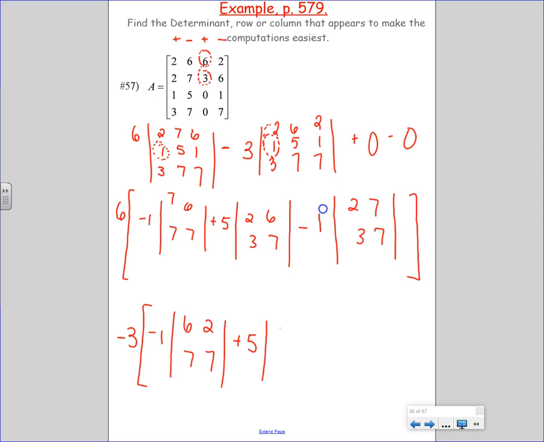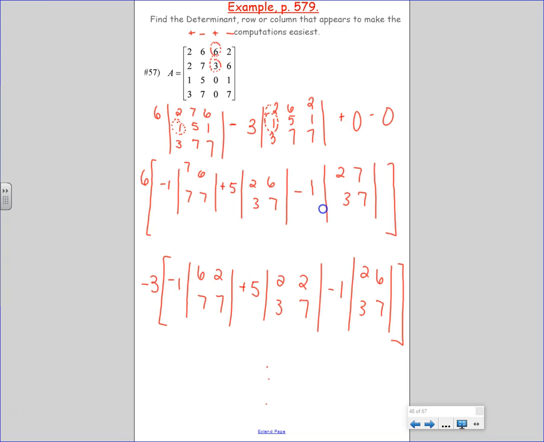I'm going to finish this off and writing it. Cross, 2, 2, 3, 7. And I'm back at the 1, and the 1's going to be a negative 2, 6, 3, 7. It would take a little bit of time, but all you need to do is simplify. Main minus opposites.